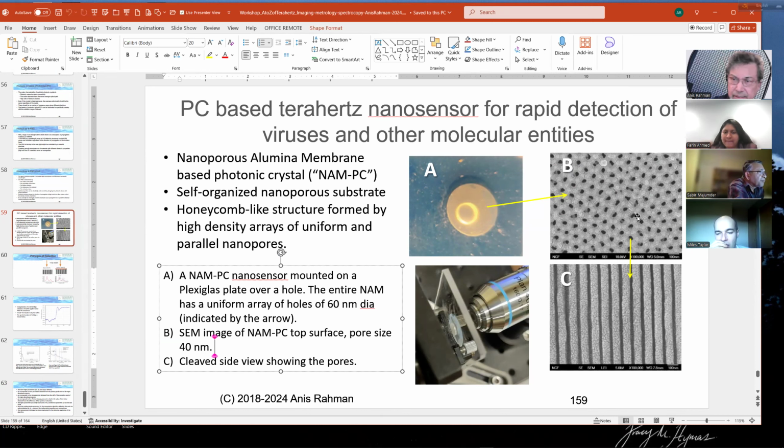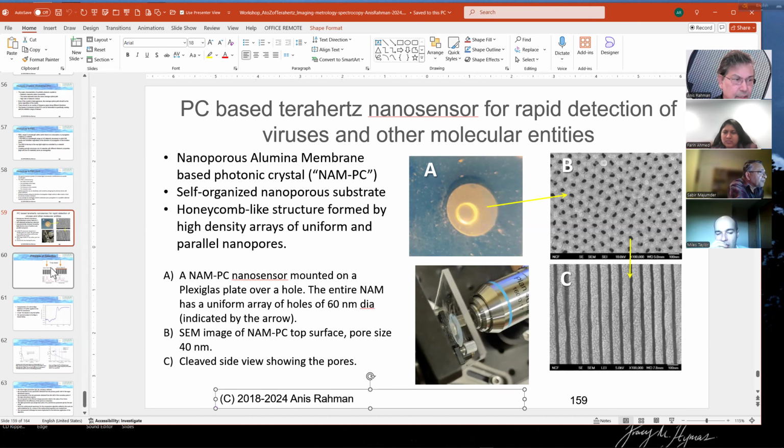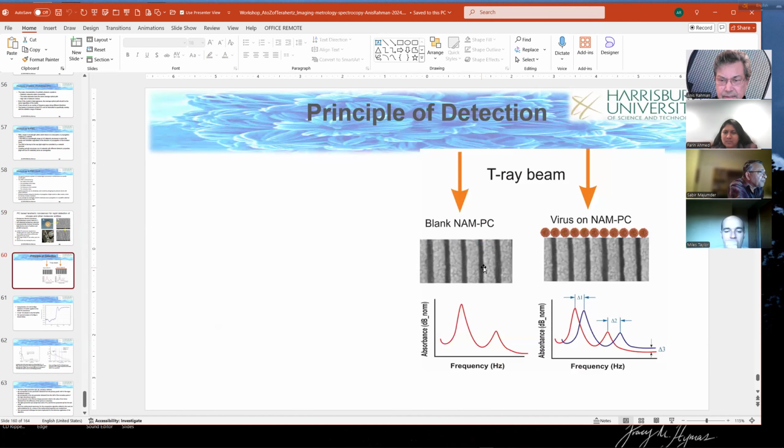The SEM picture is only showing that this plate over here is a nanoporous plate, and the pores go from one side to the other side, and they have this kind of arrangement. But when we did the actual experiment, we have 40 nanometer pores for the actual sensing experiment.